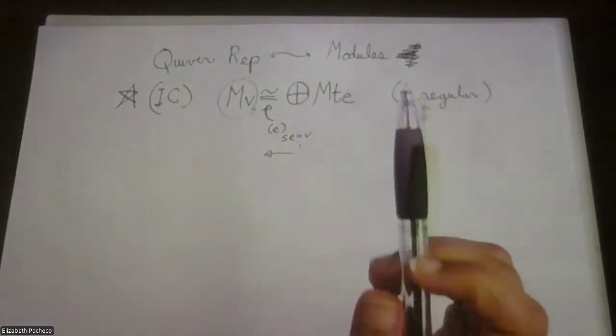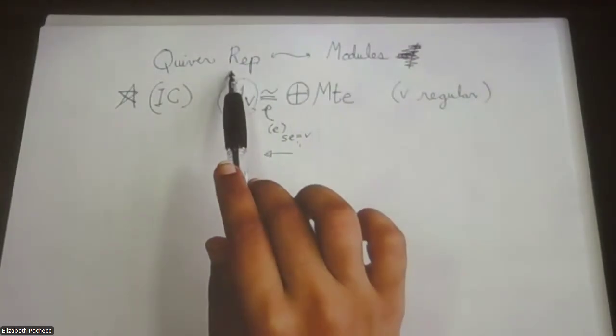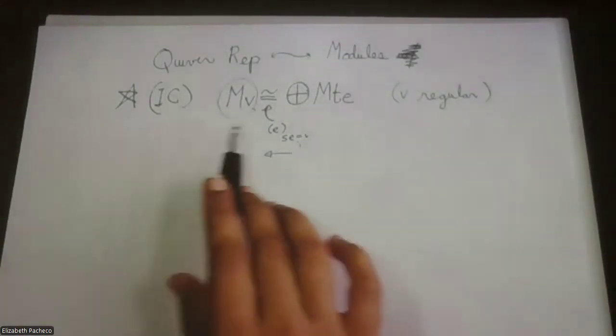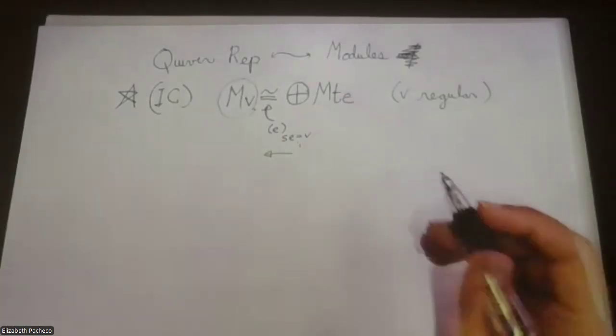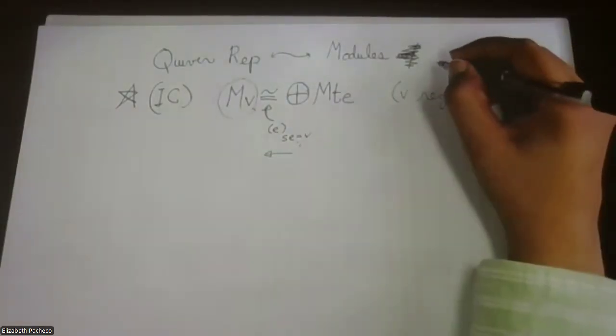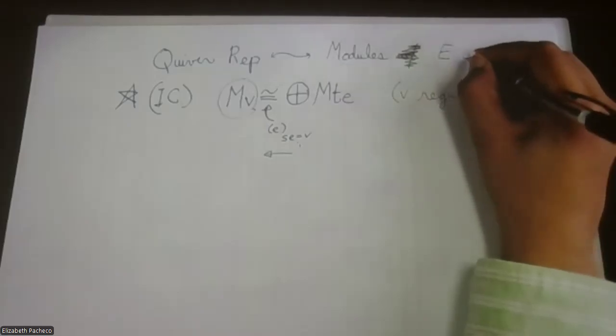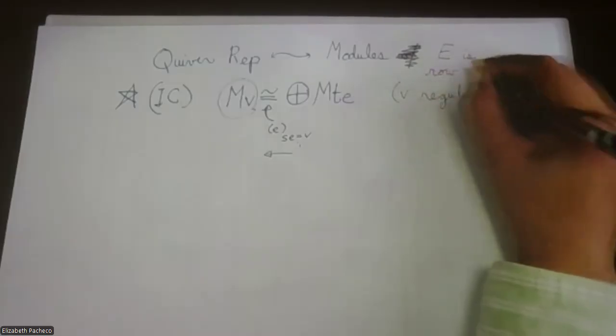Okay. So quiver representations, which are in correspondence with modules. This is where I will have to narrow my view of graphs. So I'll assume that E is row finite.